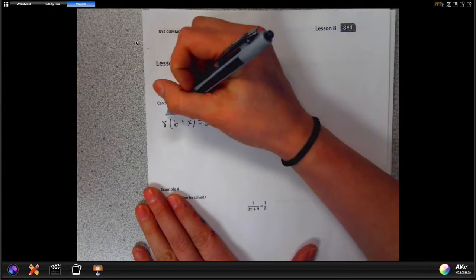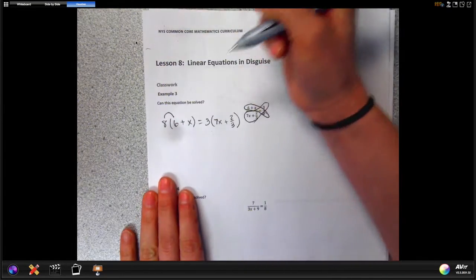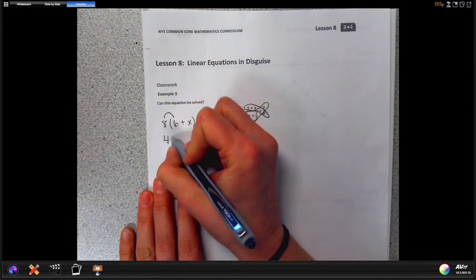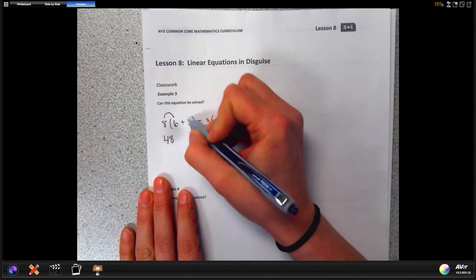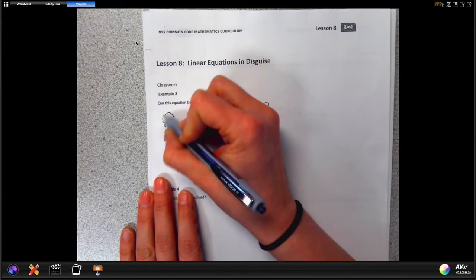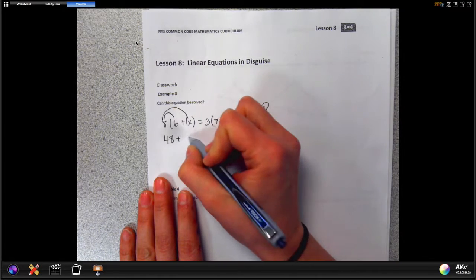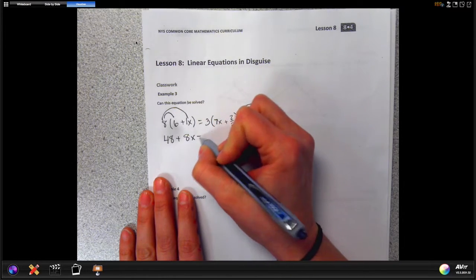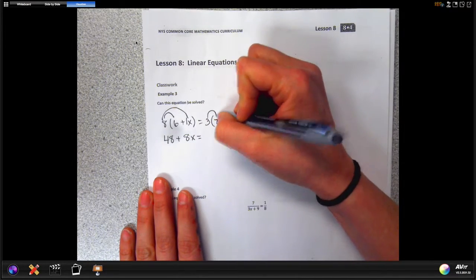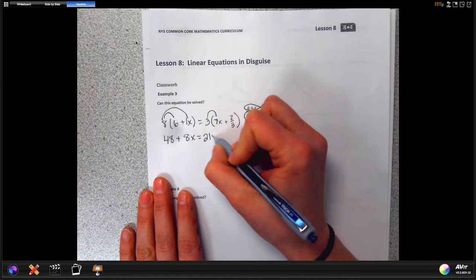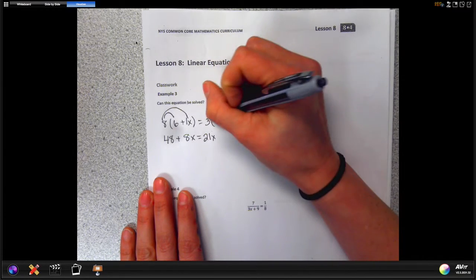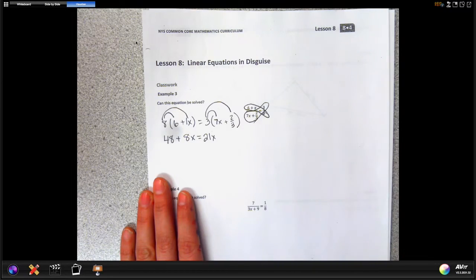So now we're going to do 8 times 6 first to get 48. And remember, this is like 1x here, so 8 times 1x is going to be positive 8x equals 3 times 7x is 21x. And then 3 times 2/3, you can either do that out the long way.